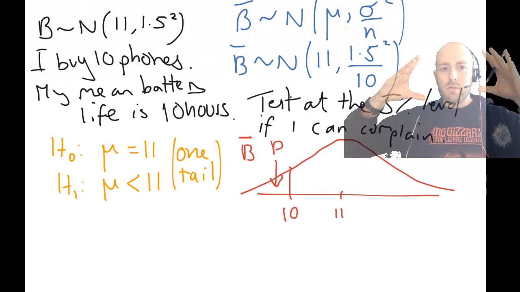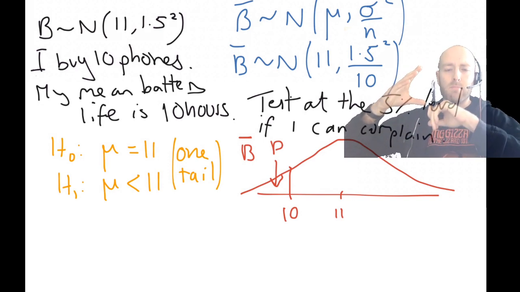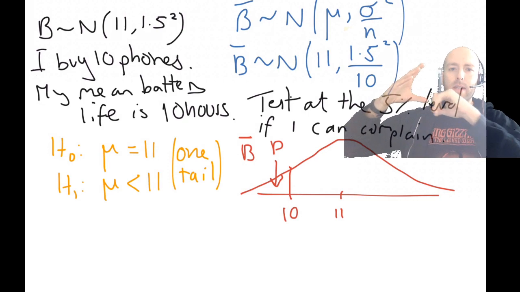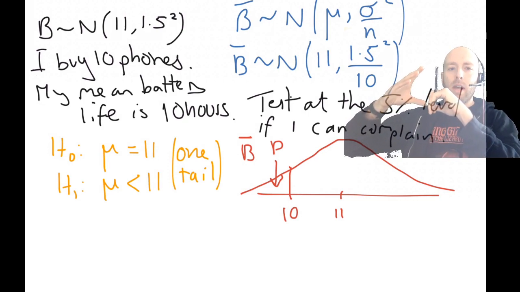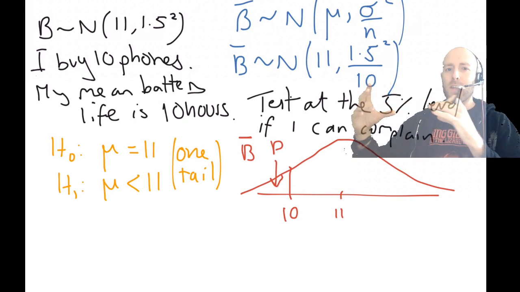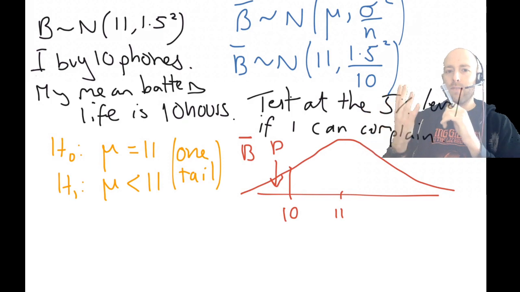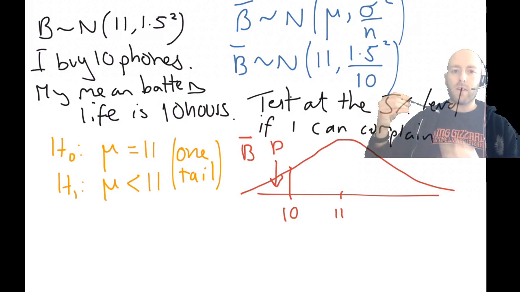Their distribution says it should have 11 hours. There's some standard deviation because obviously every single phone won't be exactly 11 hours. So we've said there should be a standard deviation of about 1.5. That would be fair. If out of my 10 phones my mean is 10 hours, now think about that, that's a lot less. On 10 phones, if they claim it's 11, we're trying to find that probability.